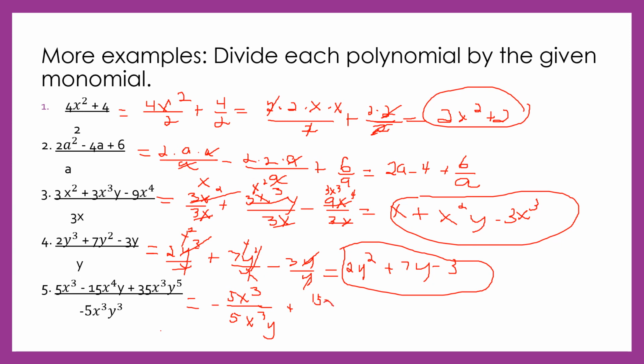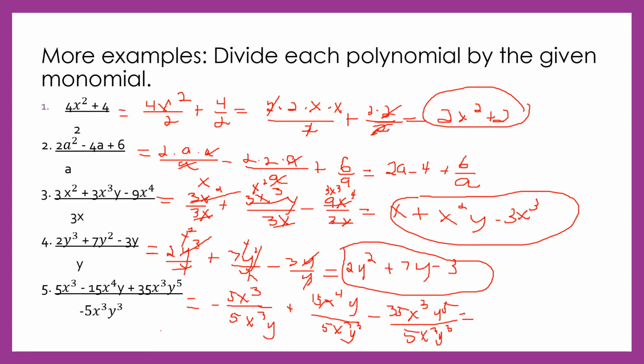So we have x to the fourth y over 5x cubed y cubed, plus, or minus 35, minus because they have different signs, minus 35x cubed y to the fifth over 5x cubed y cubed.